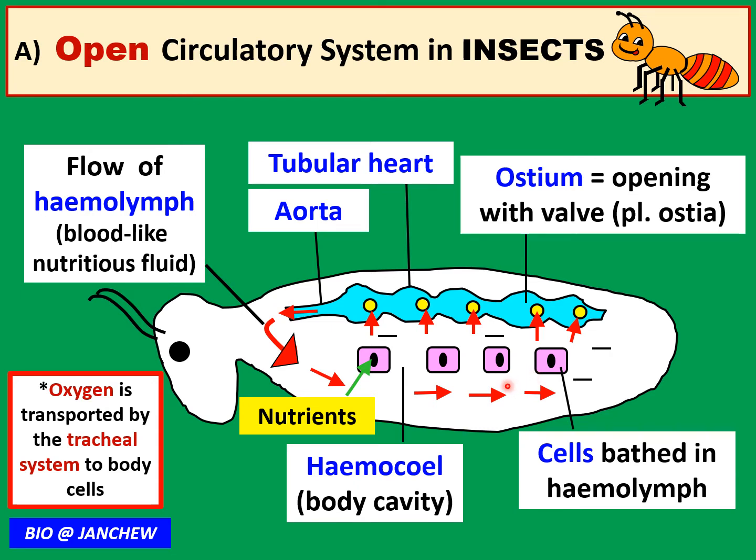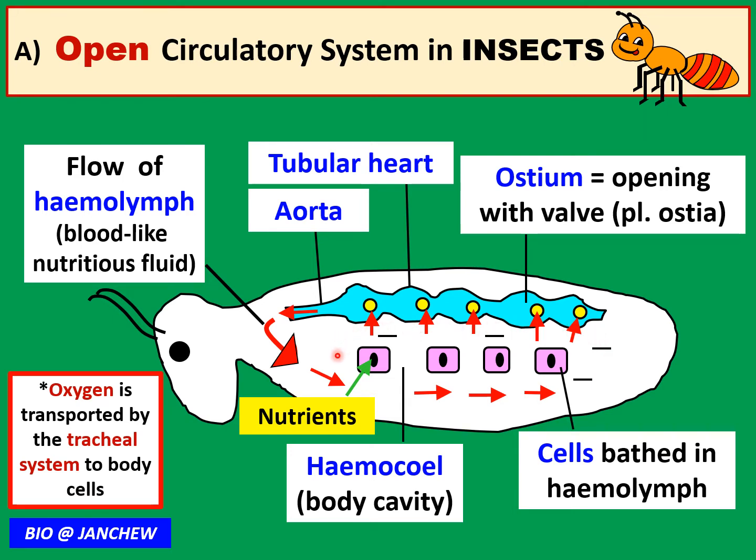So what is the weakness of this system? This circulatory system suffers from low hemolymph pressure, because when the hemolymph flows out from the hemolymph vessel into the open space here, the pressure will be reduced.